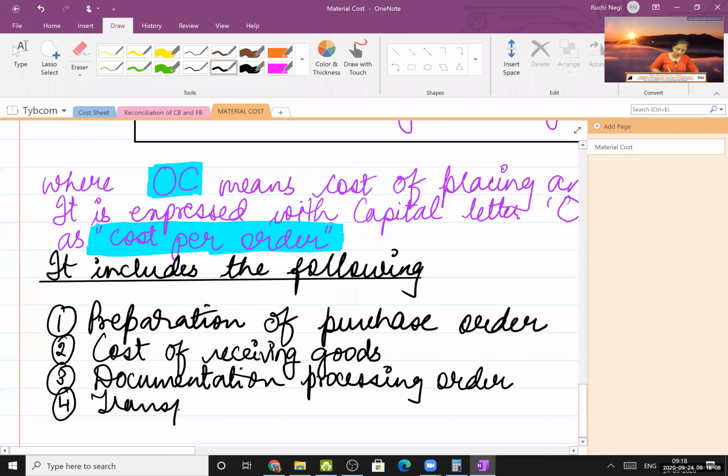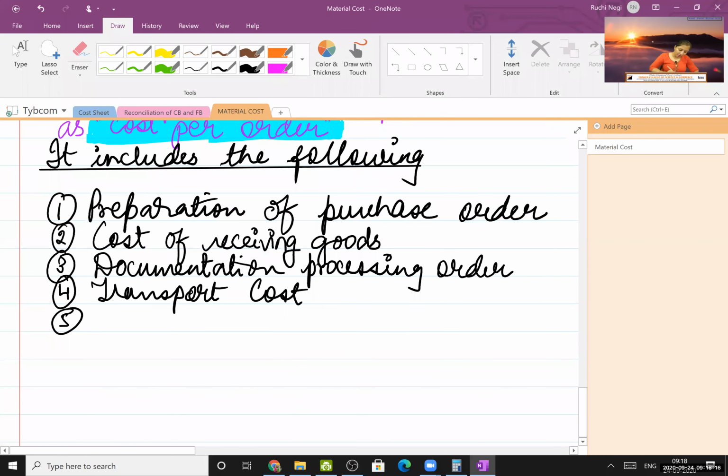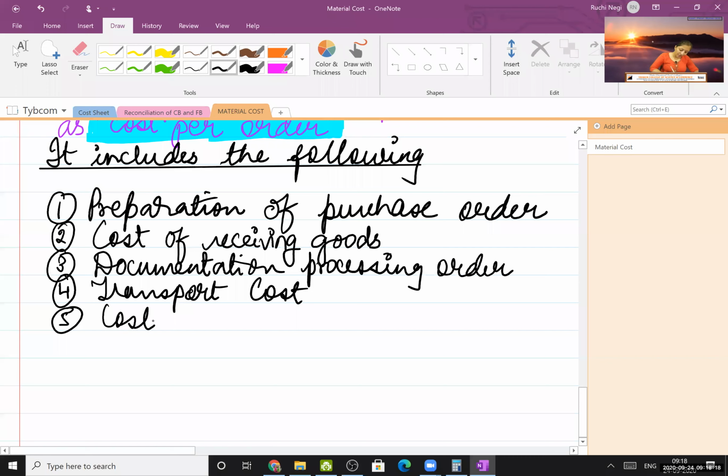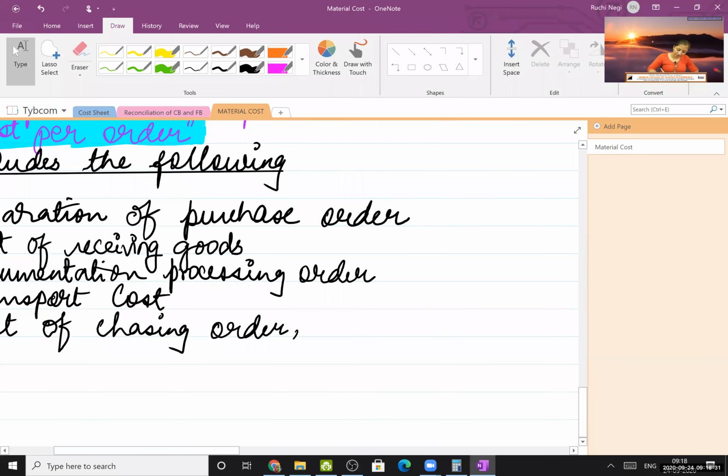Transport cost. Then it talks about cost of chasing an order. Matlab you have to see where your order has reached. The cost of chasing an order or rejecting.